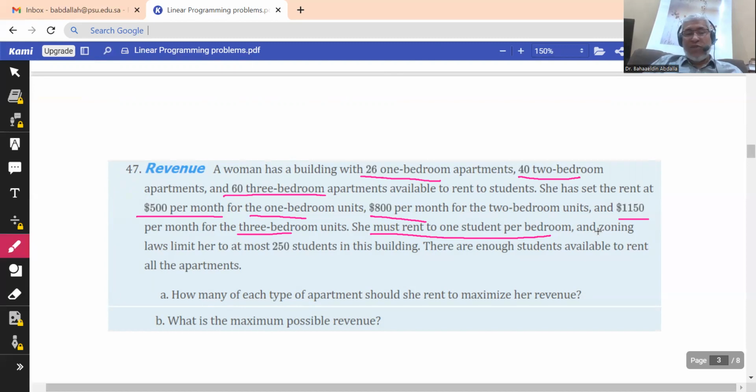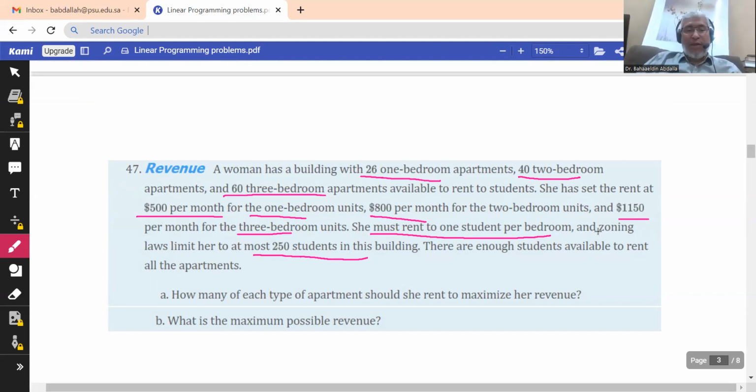And zoning laws limit her to at most 250 students in the building. So this is the number of all students she can rent to in the building, 250, not more than that. There are enough students available to rent all the apartments, but one student per bedroom.